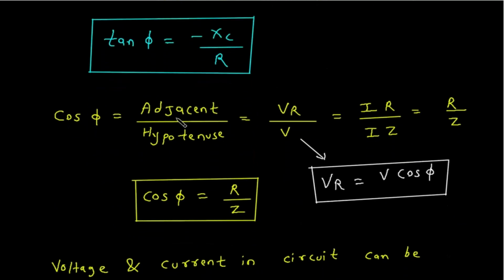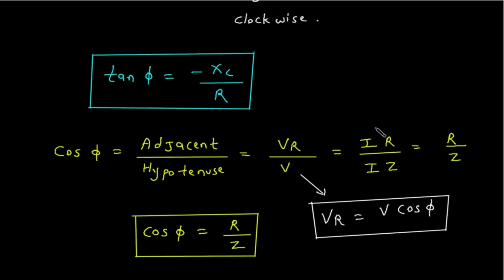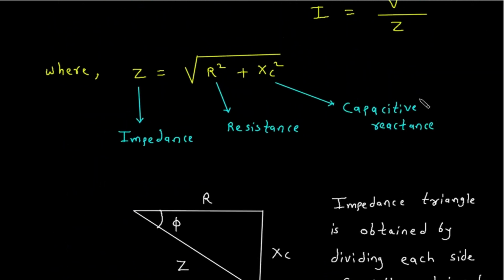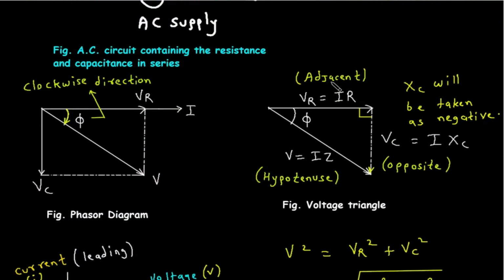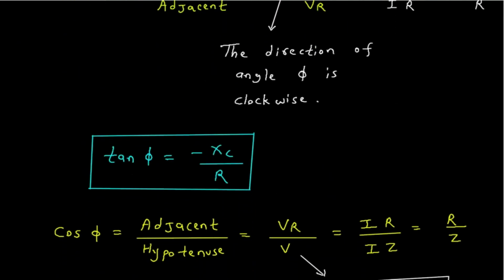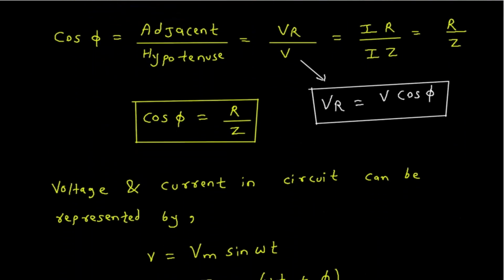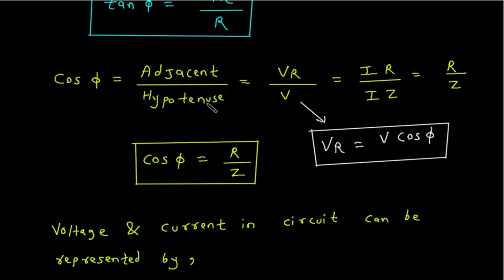Now cos phi is equal to adjacent side upon hypotenuse. Here we can see that adjacent side is VR, divided by hypotenuse.